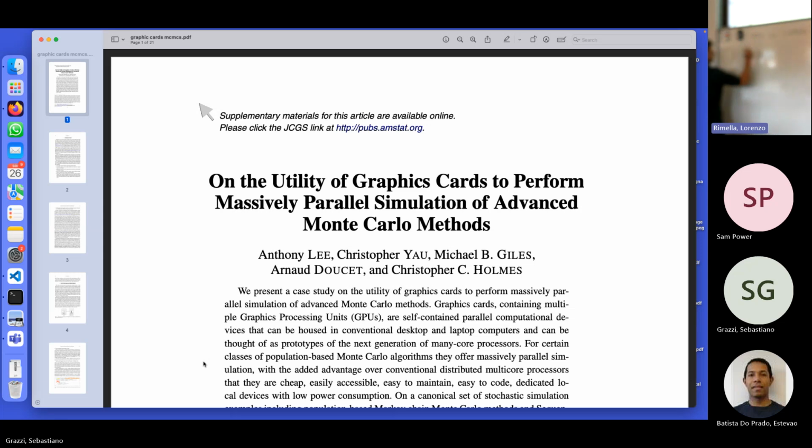So the GPUs are cheaper and they are available to us, to most of us. They also don't require any maintenance, while clusters usually need to be maintained. So low maintenance, let's say. Then, an issue nowadays is also the energy consumption.